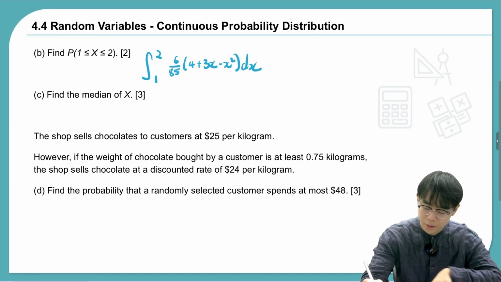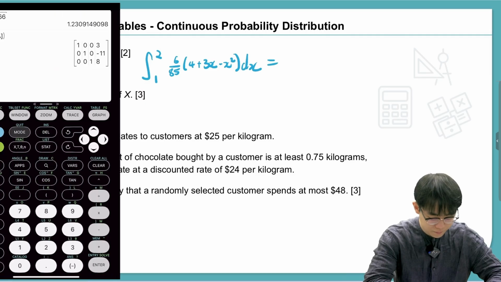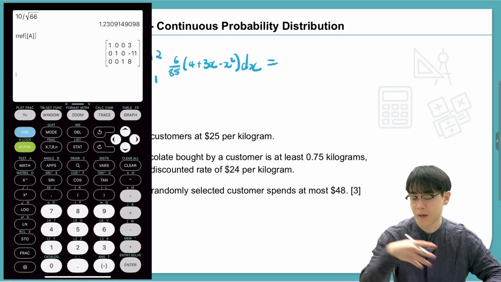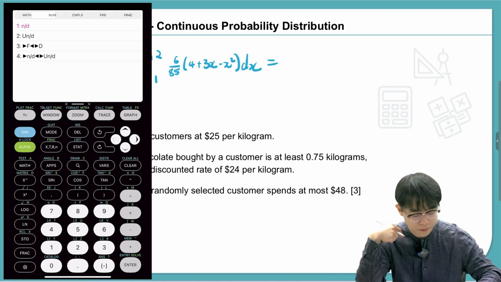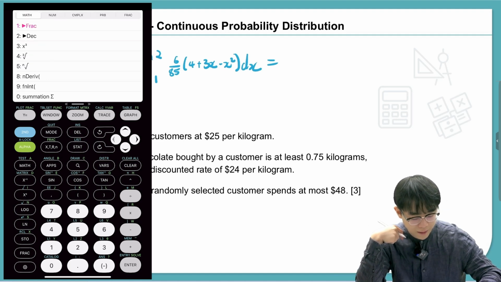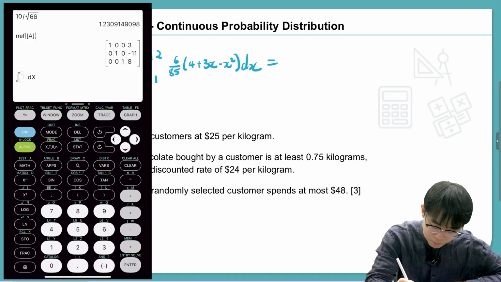Okay, so we can go over to our calculator to find this integration value. So you can exit the graph option and hit the math button, and you should be able to find the fn integration button.